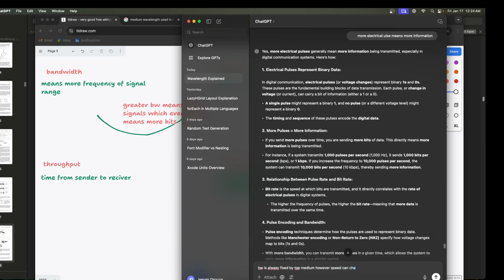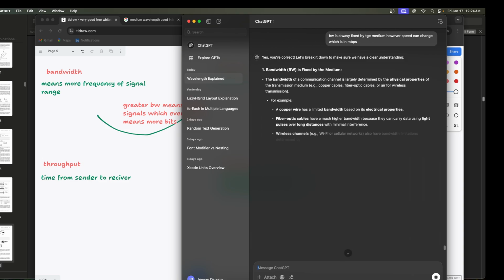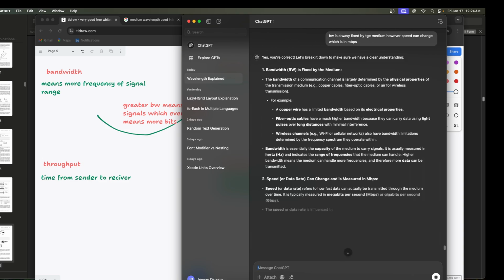Speed can vary, Mbps. There's no issue with the bandwidth as such.